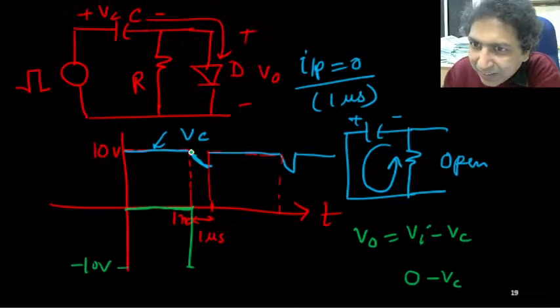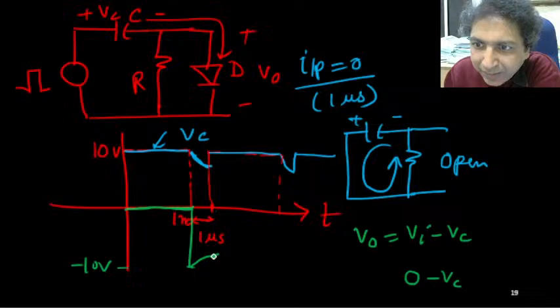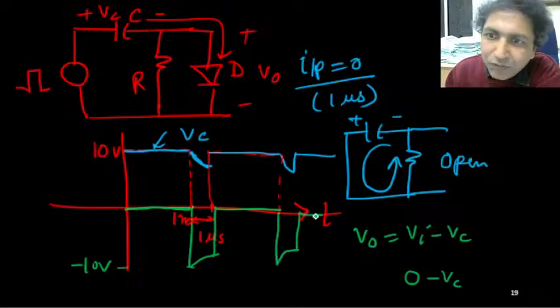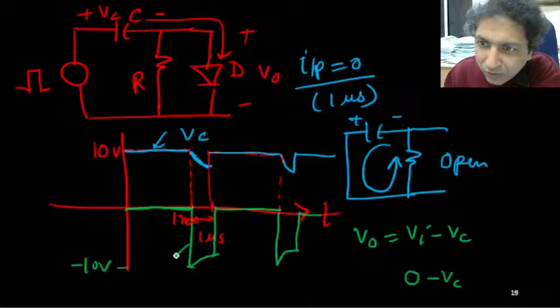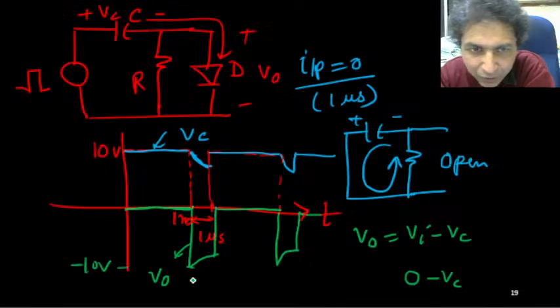Then the capacitor voltage is reducing gradually. Okay, because it is minus Vc, it will also be like this. And when again next time the diode conducts, it will come to 0. So this is the waveform for the output voltage V naught across the diode. Are you convinced?